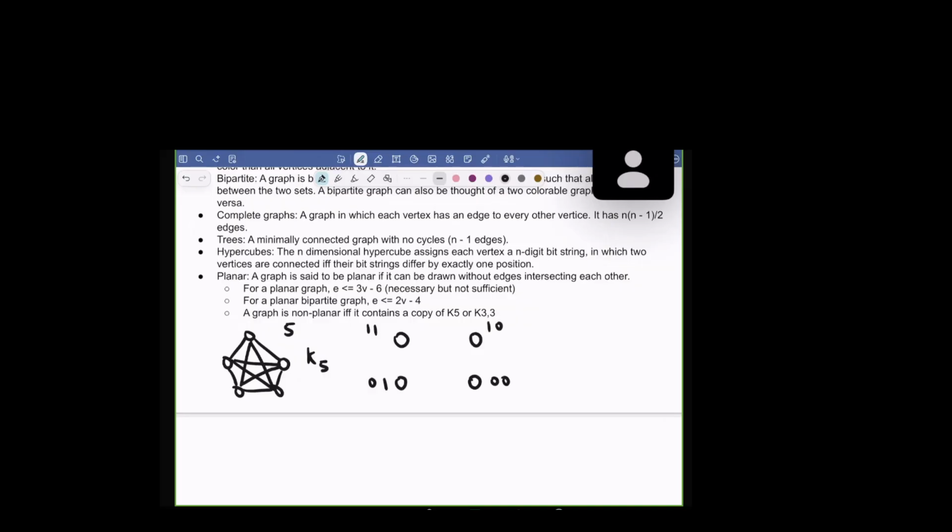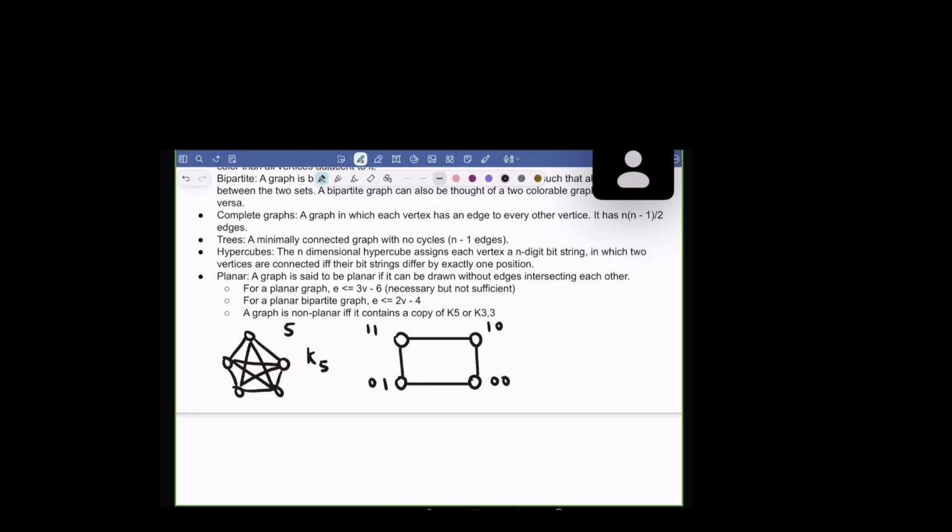Then you connect all the vertices that differ by exactly 1 bit. You can connect these two because they differ in their second bit, these two because they differ in their first bit, these two because they differ in their second bit, and these two because they differ in their first bit. That is the 2-dimensional hypercube.